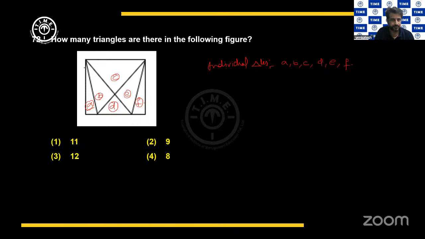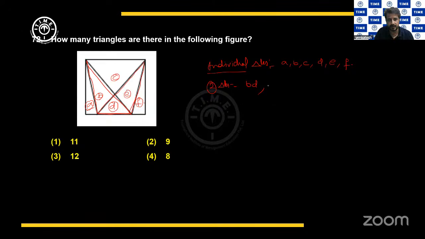Combination of two. Now you can see clearly BD together is one triangle. Earlier it was individual, now it is combination of two elements. Next, if you see this way, DE is also one triangle.